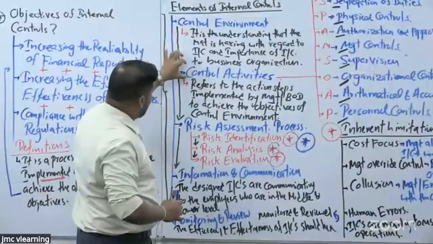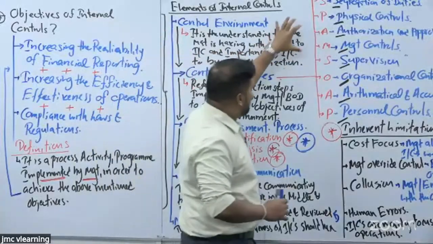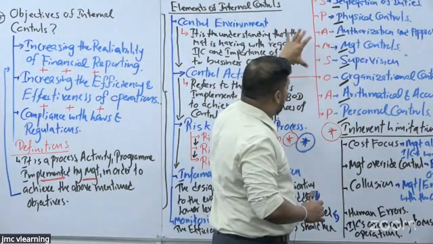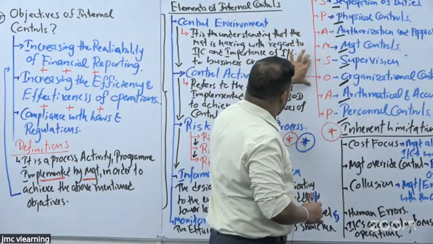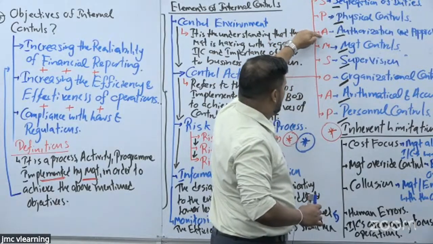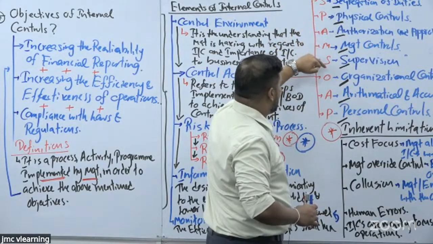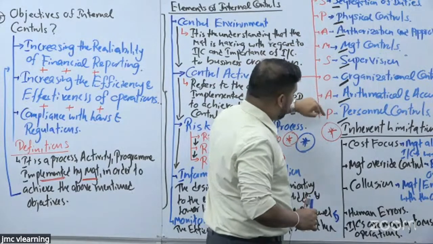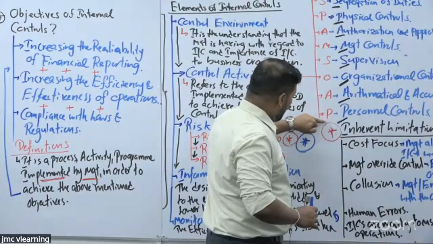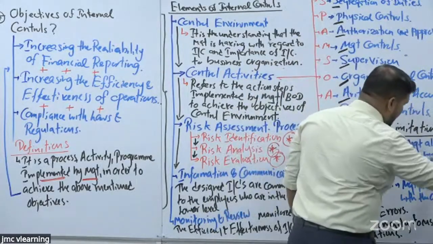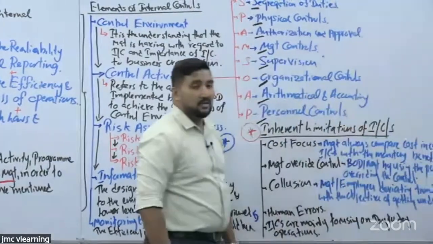Then, based on the second element, we discussed SPAM SOAP, which refers to a detailed analysis of control activities starting from segregation of duties, physical controls, authorization and approval, management control, supervision control, organizational control, arithmetical and accounting control, and personnel control. Then finally, we discussed the inherent limitations of internal control systems.